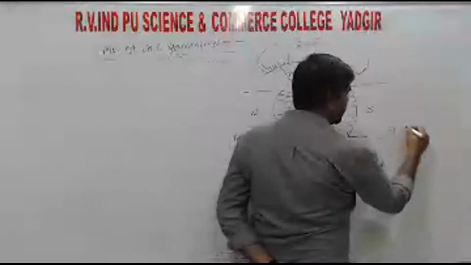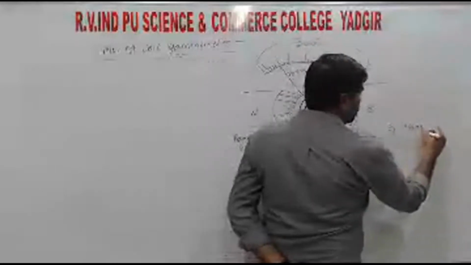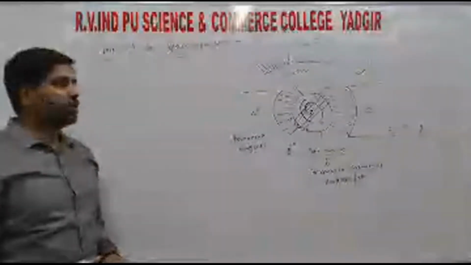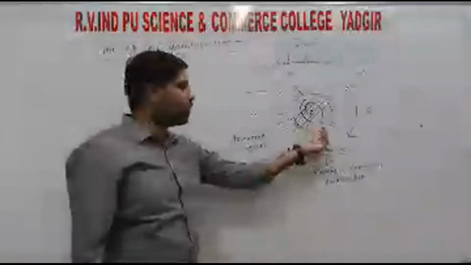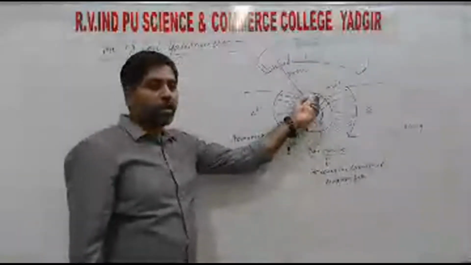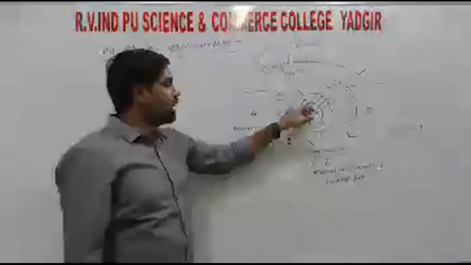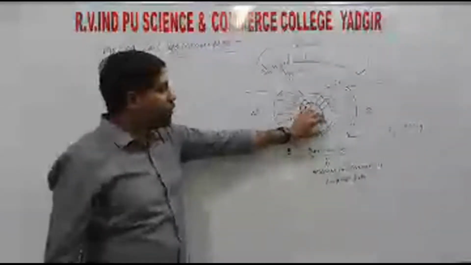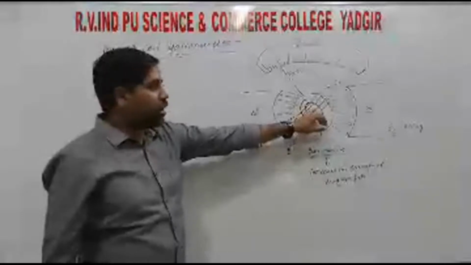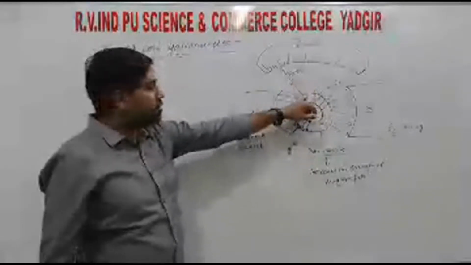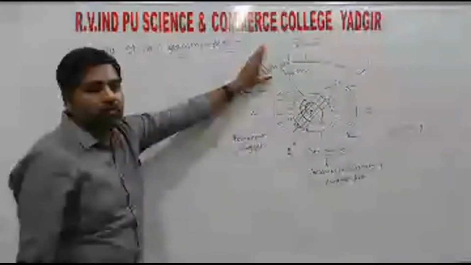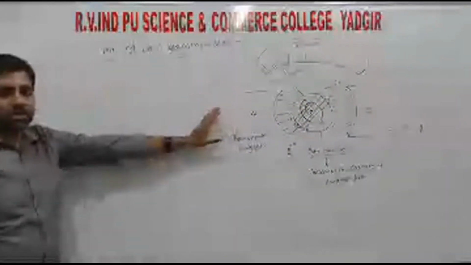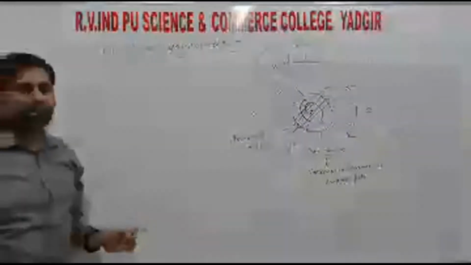So SP indicates the spring, right? So this is the construction of the moving coil galvanometer. So in the galvanometer there are permanent magnets, a soft iron core mounted by the coil which has n turns, and the spring is attached to the soft iron core and to the coil, right? So one pointer is attached to the soft iron core and that is displayed on the scale, right? So this is the construction of the moving coil galvanometer, right?